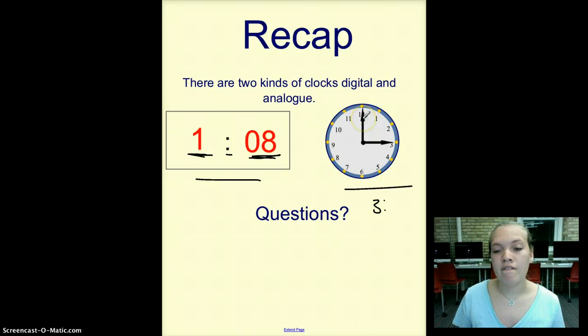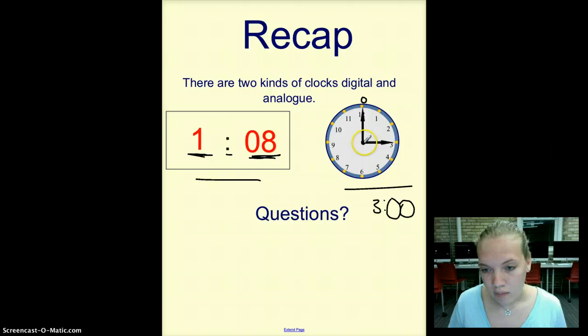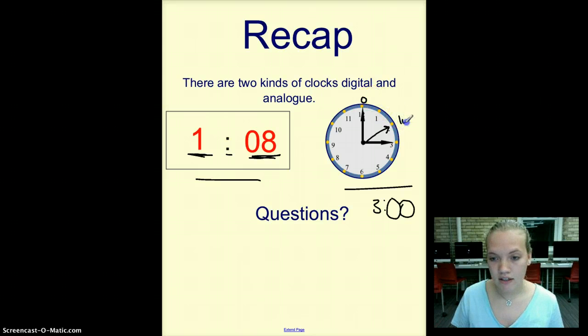We have to remember our 5s. So here it's pointing right at the 0 point, so we know it's 3 o'clock exactly. But if our minute hand was pointing over here instead, we would have to say 2, so it is 3:10. So 3:10.